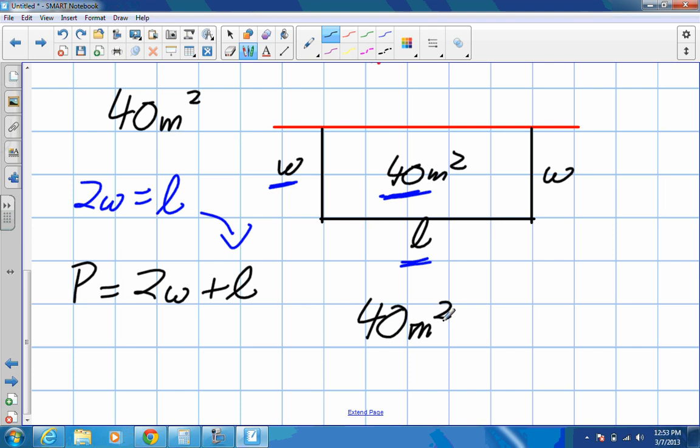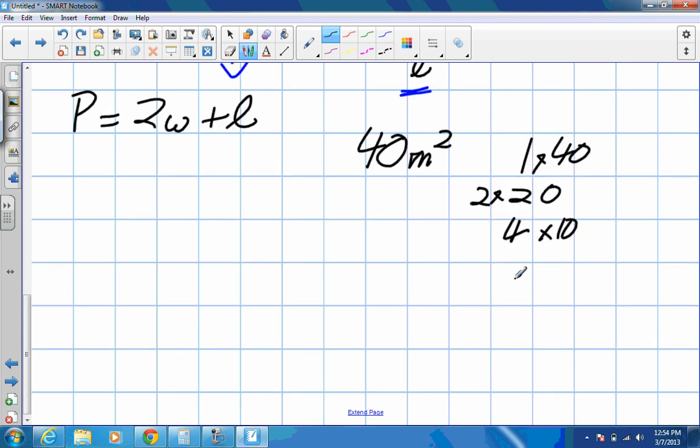So let's quickly think of a couple of factors of 40. What are some factors of 40? 1 times 40, 2 times 20, whoops. 4 times 10. Anything else? 5 times 8. Anything else? No.